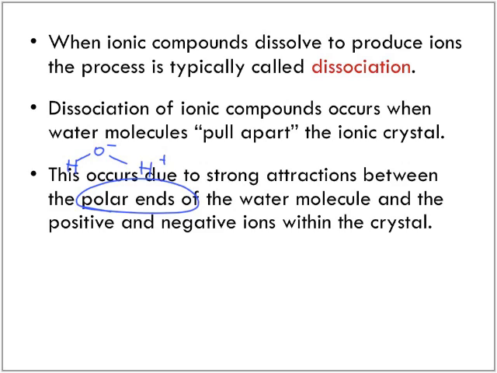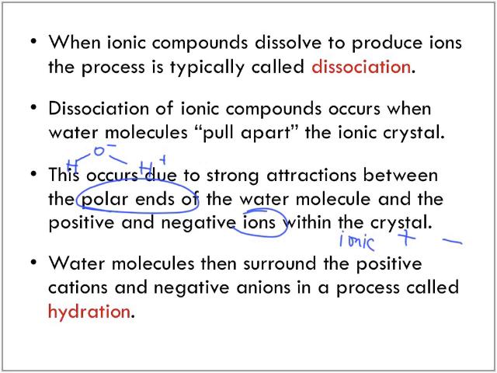And then the positive and negative ions. If we have something that is ionic, we know ionic compounds deal with combining a metal with a non-metal. Metals have a positive charge, non-metals have a negative charge. Water molecules then surround the positive cations and negative anions in a process called hydration.